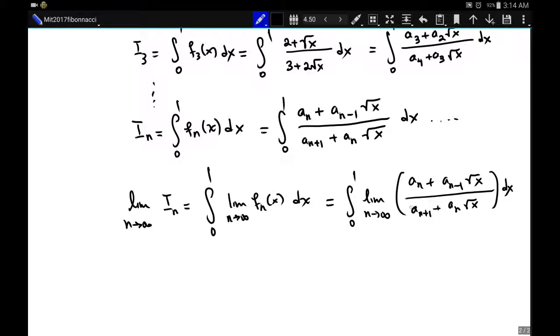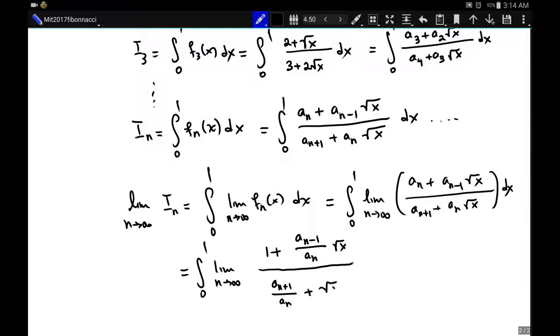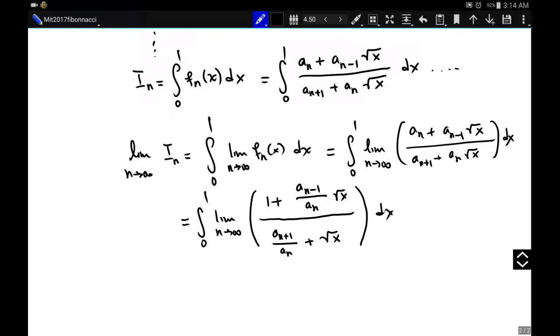So let's compute this limit first. From 0 to 1, I'm just going to rewrite it. Limit, and then pull an out. If you pull an out, you get 1 plus an minus 1 over an root x. And in the denominator, if you pull an out, an plus 1 over an plus root x dx. If you pass the limit here, this one goes to 1 over phi.